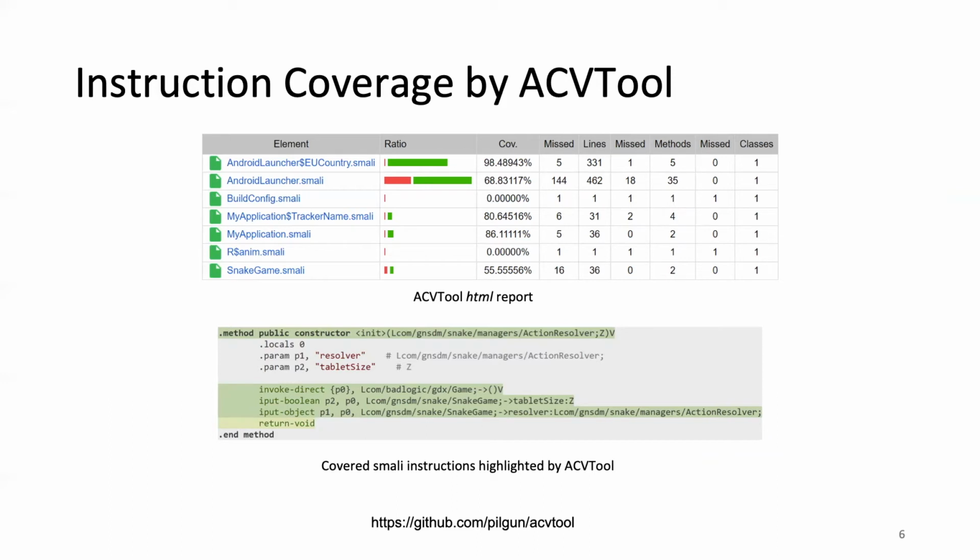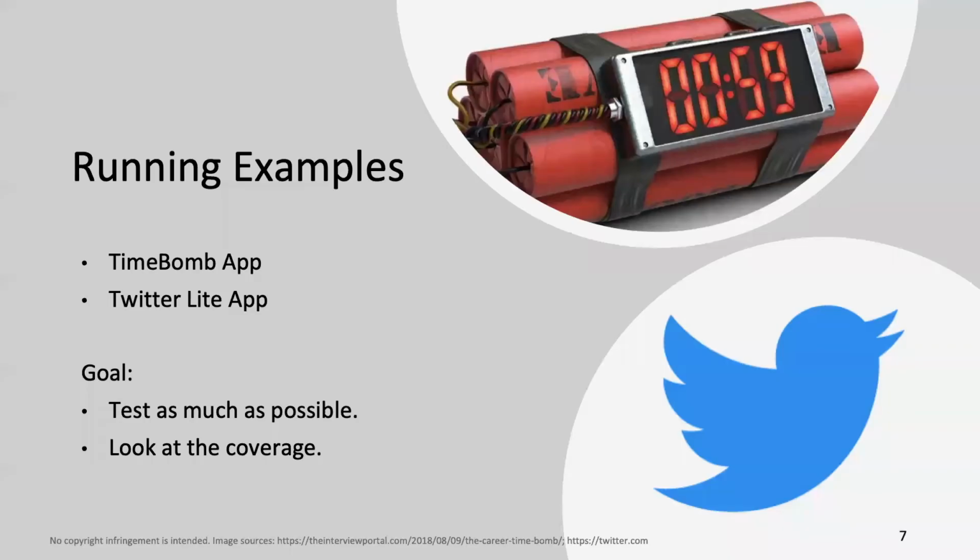On the second image, you can see the exact information that is shown for particular instructions. For example, we can see that these instructions were executed in full. And we use this tool as precise information for the execution of the instructions, so later we can remove the not executed instructions.